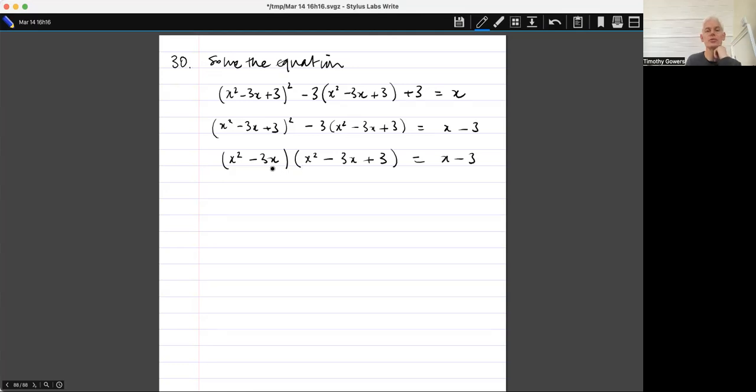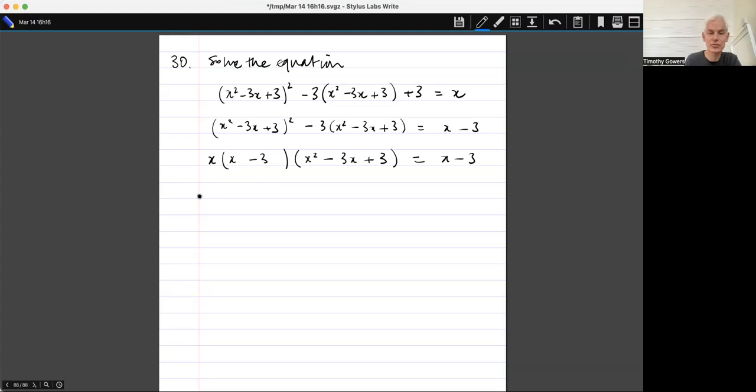I think that works because this x squared minus 3x can be written as x squared minus 3x plus 3 minus 3. If I do that, then I'll get x squared minus 3x, so that's fine. And this, I can write with some profit as that. So I can see that x minus 3 factor without so much guesswork.